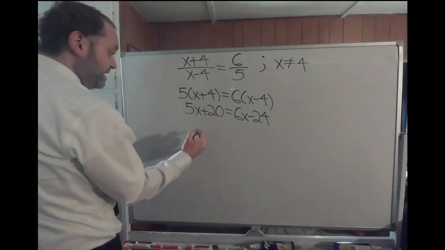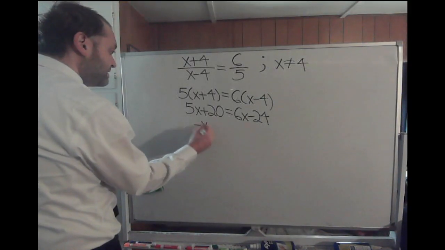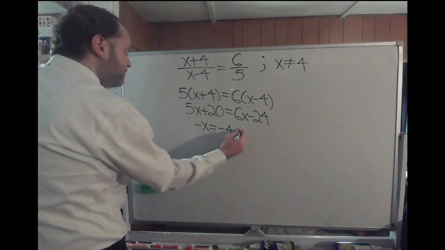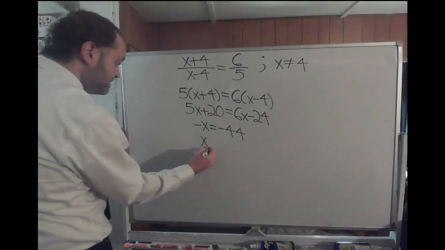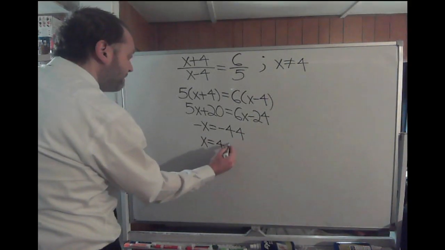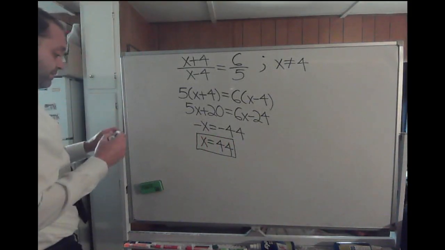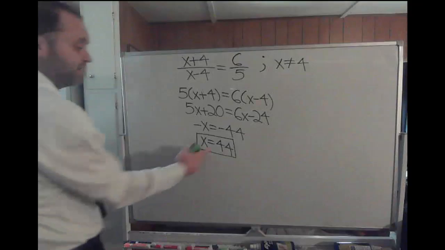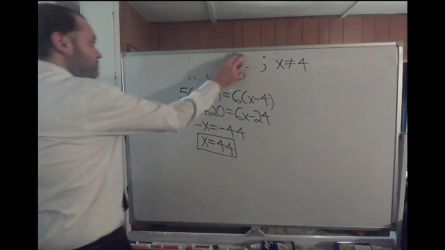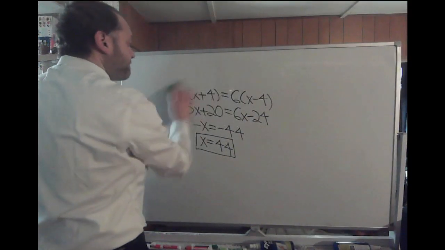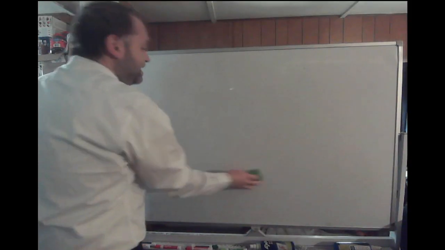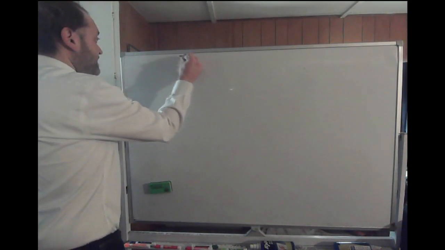Which when you simplify this, you'll end up getting negative x equals negative 44, or x equals positive 44. So the value of x that you should get for this one is x equals 44, and that checks because it's not a restricted solution. And if you did get that restricted solution for your answer, then you would end up saying there's no solution, because if you get it, that doesn't count.